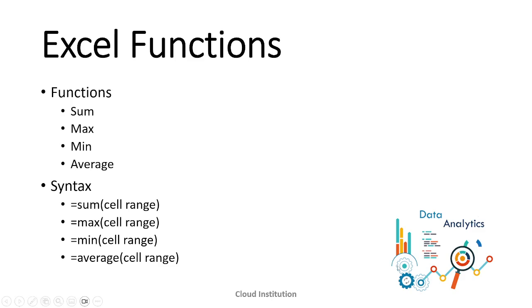So first we have to start with equal to, followed by sum and then the cell range. Similarly, equal to max, then cell range. Similarly, minimum, cell range, and so on. Okay, so let's see this in action now.